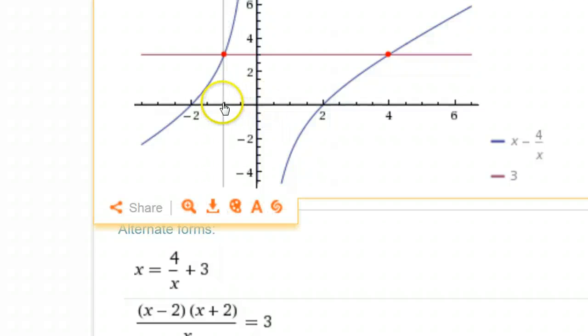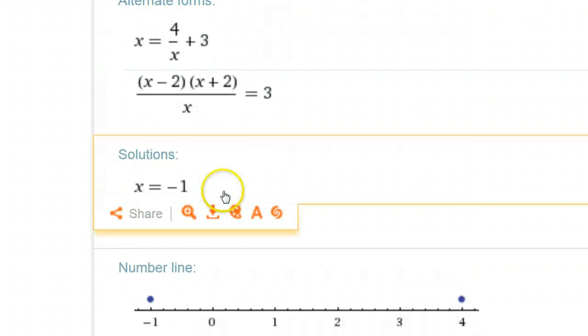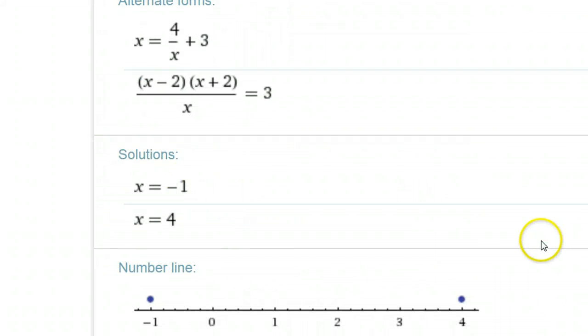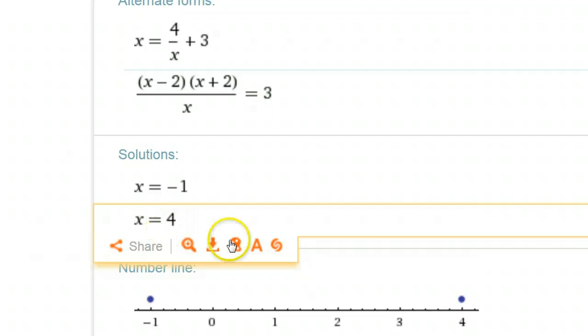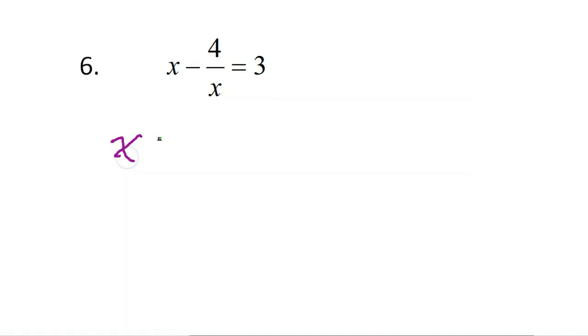This must be counting by halves, because if this is -2 way over here, then this is -1. Anyway, I was fooled. The solutions are -1 and 4, as you can see. So x equals -1 and x equals 4.